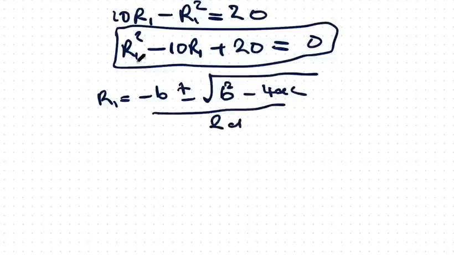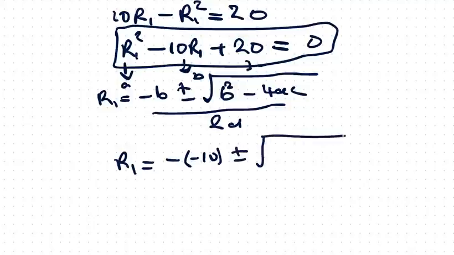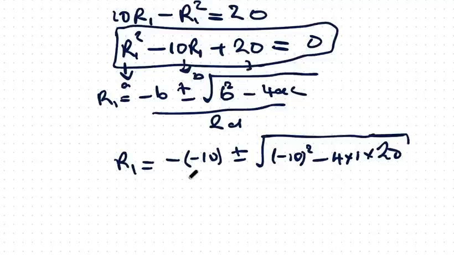The coefficient of R1 squared is A, the coefficient of R1 is B, and this will be C. So substituting it in this expression, we have that R1 is equal to negative minus 10 plus or minus the square root of minus 10 squared minus 4 multiplied by A is 1, multiplied by C is 20, divided by 2 multiplied by 1.